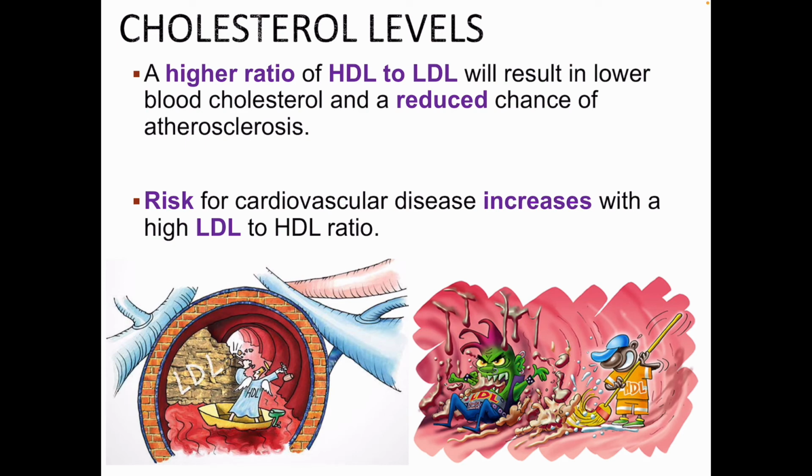If you have a higher ratio of HDL to LDL, this will result in a lower blood cholesterol and a reduced chance of atherosclerosis, because you will have less cholesterol circulating within your blood.